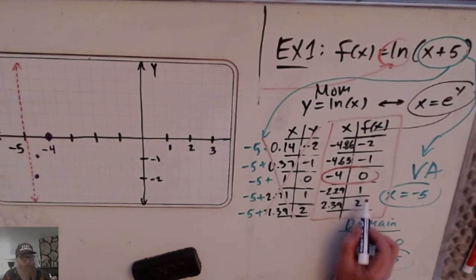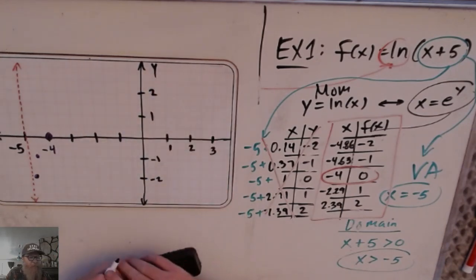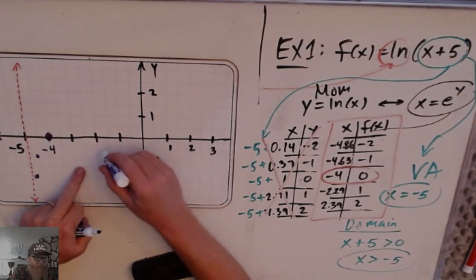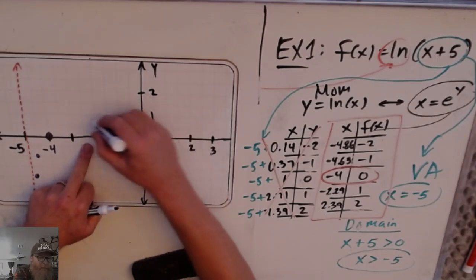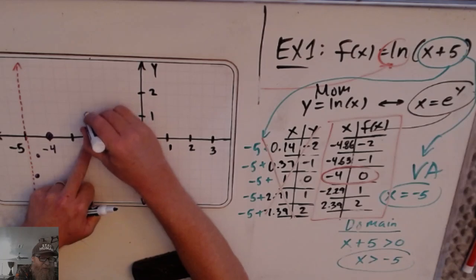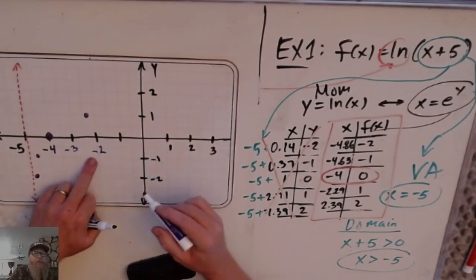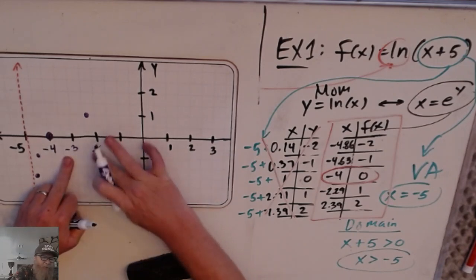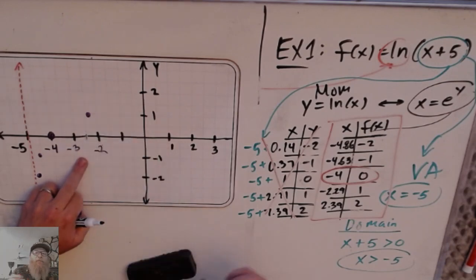Negative 2.29 and 1. So let's see, negative 2.29. So right about here. Now there's negative 2, there's negative 3. So right about here. It doesn't have to be perfect.